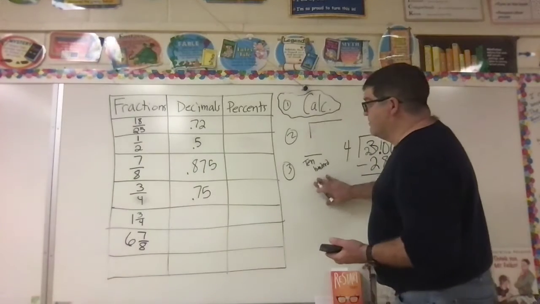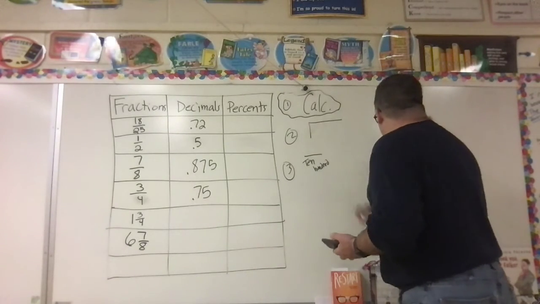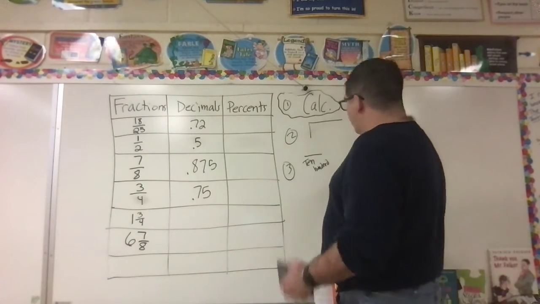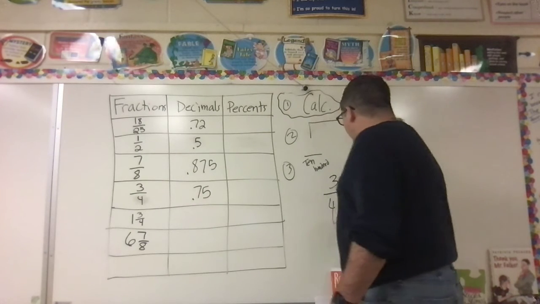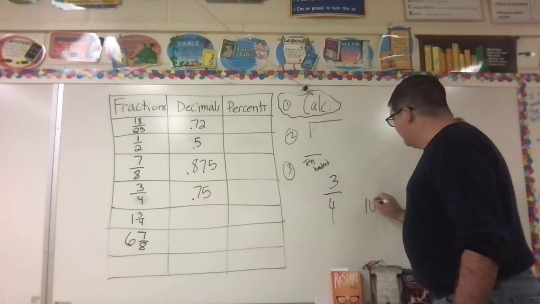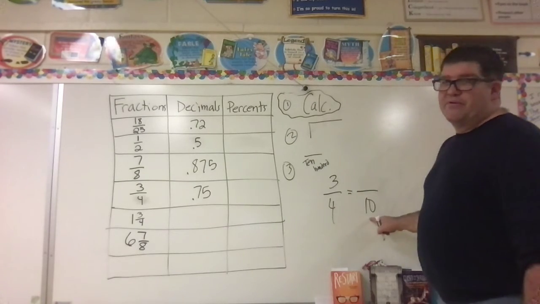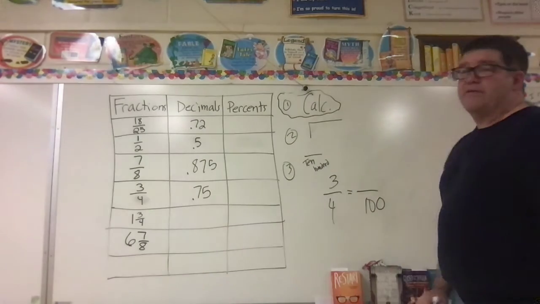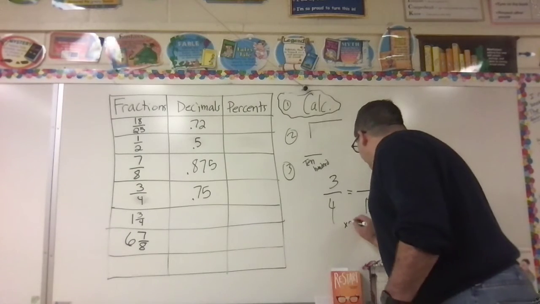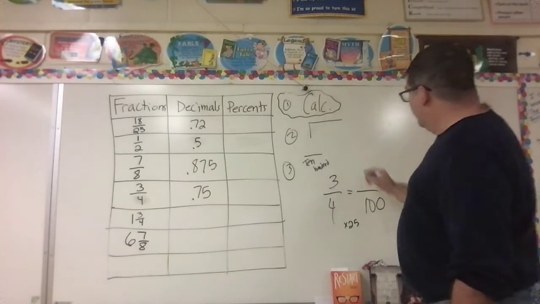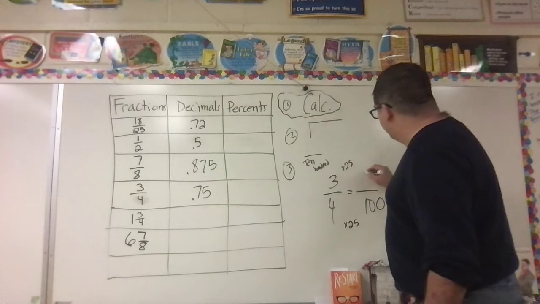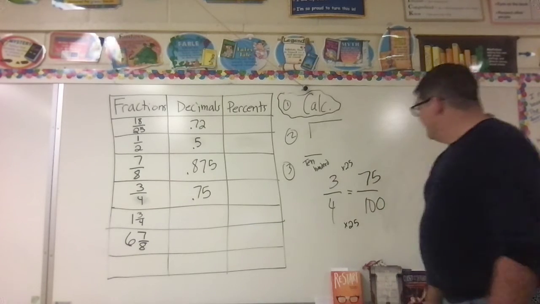I could also get it to a 10 or 100. Now 3/4, I can't get that really to a 10. 4 times nothing gets me to a 10, but I could get it to 100. 4 times 25, and then 3 times 25 equals 75.